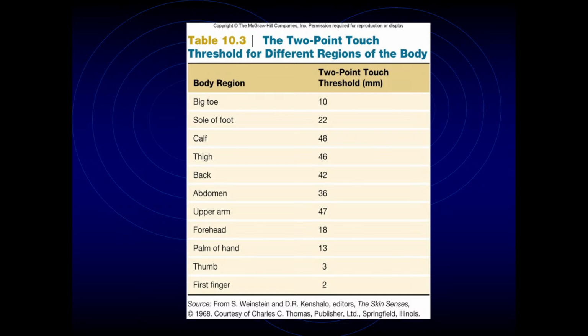For this, there must be one unexcited receptor between two excited receptors. The lower the absolute threshold of tactile sensitivity, the lower the special or differential threshold.